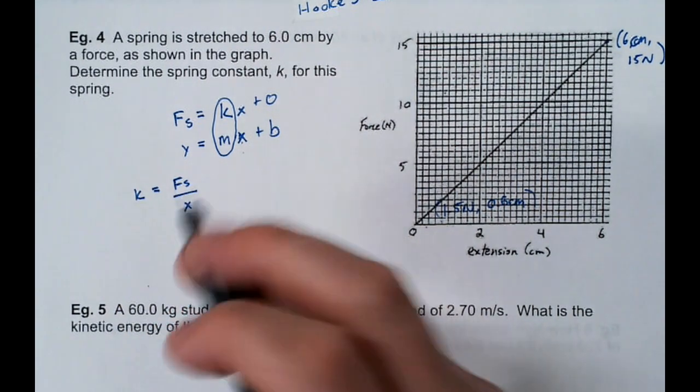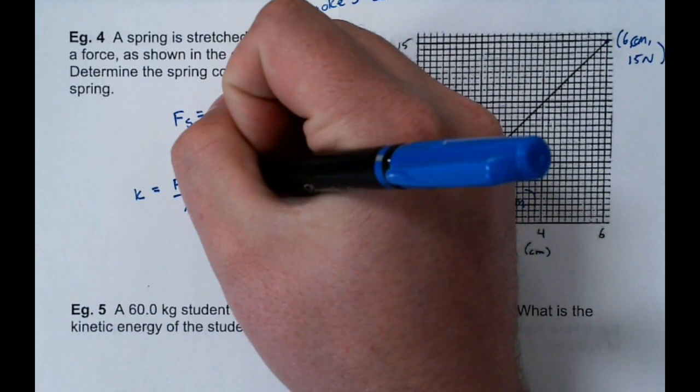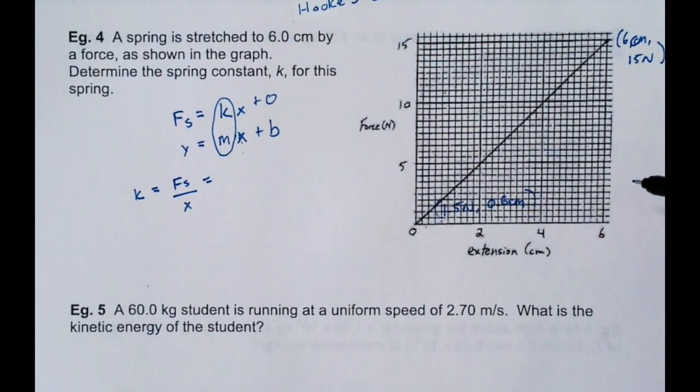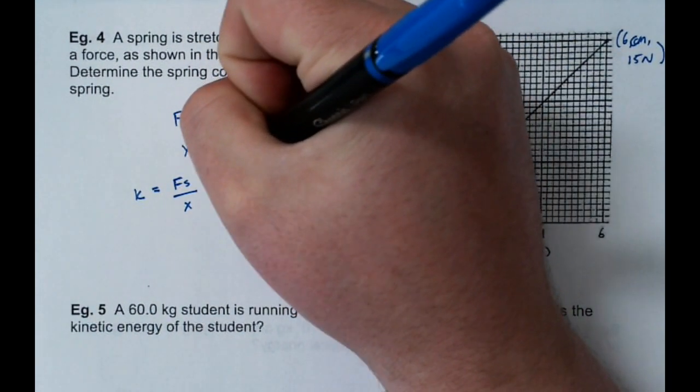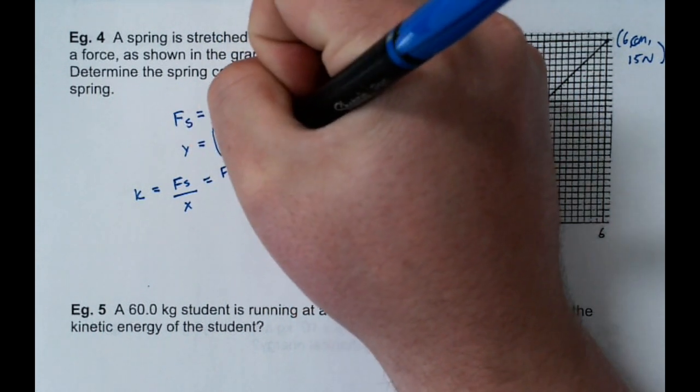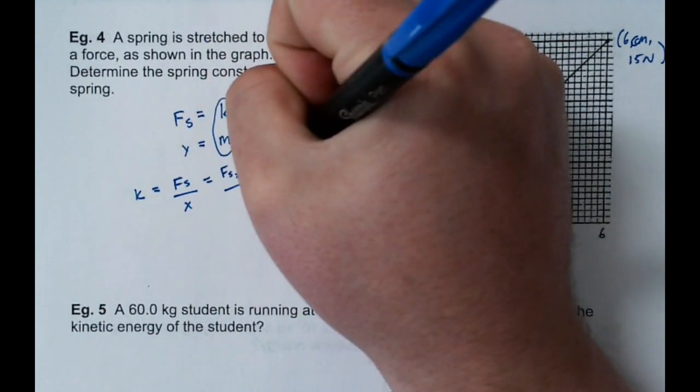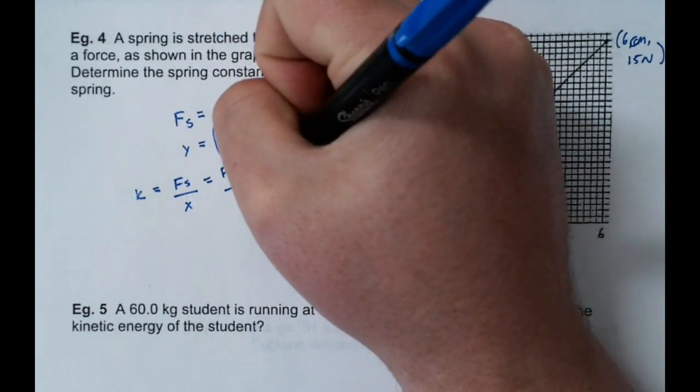So to find our slope, we are going to take y2 minus y1 over x2 minus x1, or Fs2 minus Fs1 over x2 minus x1.